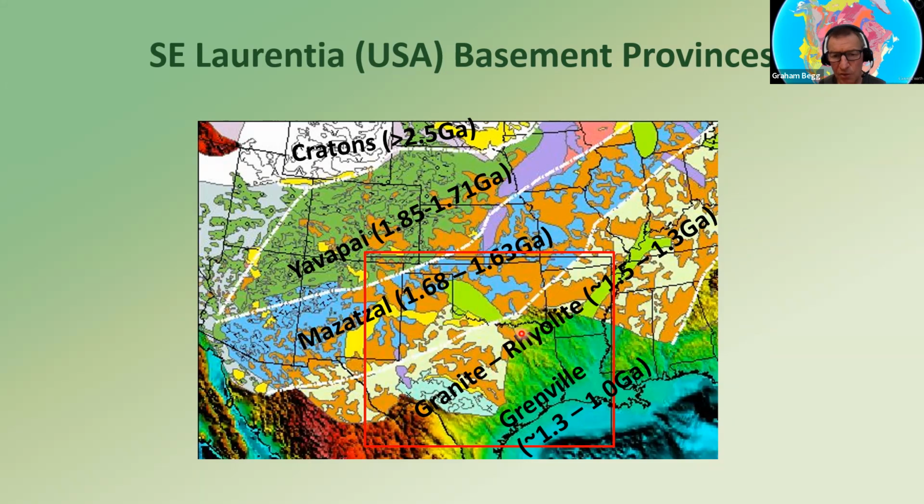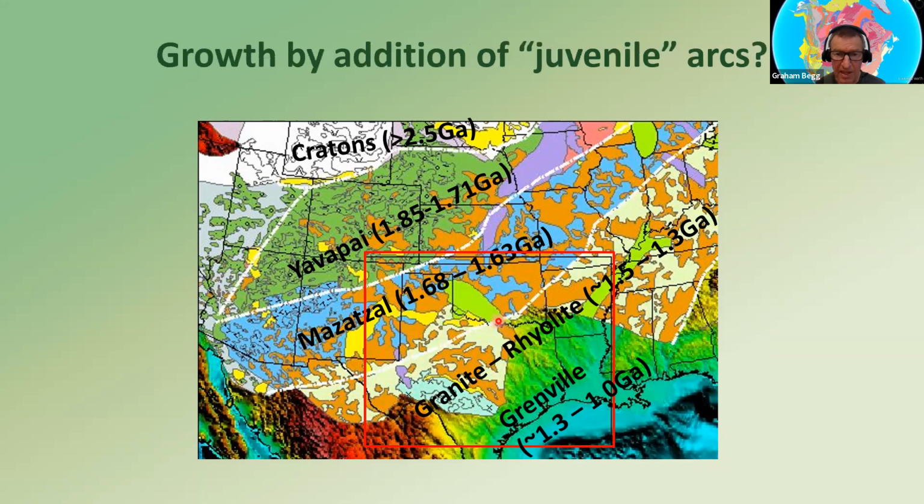Before we zoom in, I just want to point out that the green feature shown here is a Neoproterozoic failed rift and aulacogen. That's the Oklahoma aulacogen and Reelfoot rift. They formed when the Rodinia supercontinent broke up and South America moved away from North America, and this failed rift was formed.